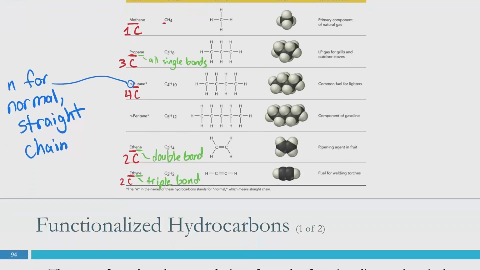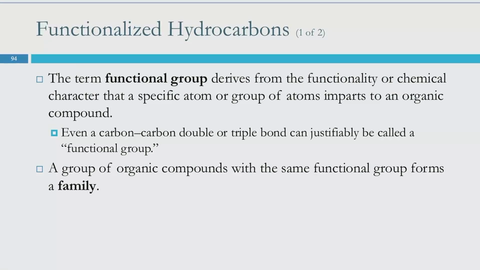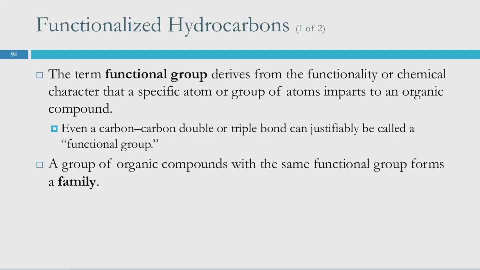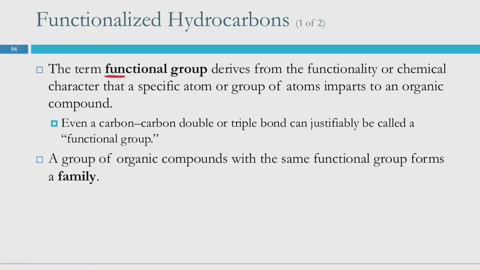Which brings us to functional groups. Functional groups, emphasis on the fun, derive from the added functionality that adding a new cluster of characters imparts to the overall organic compound.